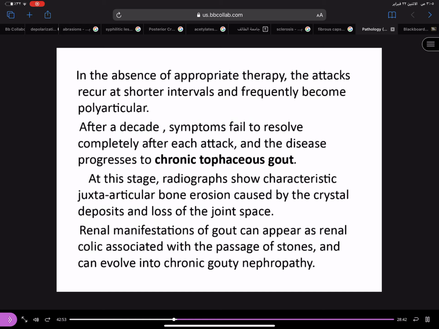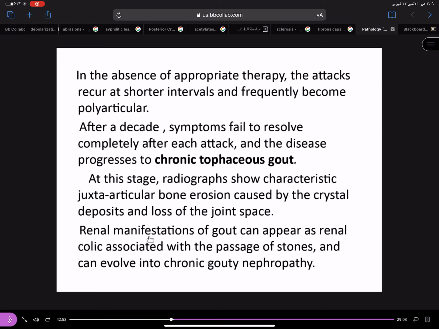So ultimately chronic tophaceous gout. And at this stage, radiographs will show the characteristics of this disease. Even bone erosion starts, which means the bone starts to get affected, and you can see it in the X-rays, radiographs.